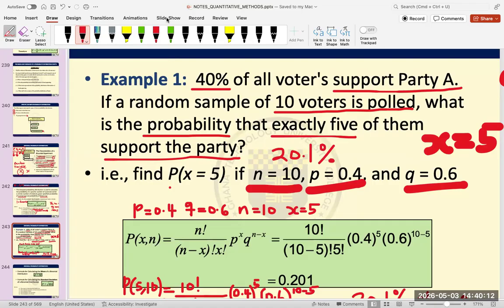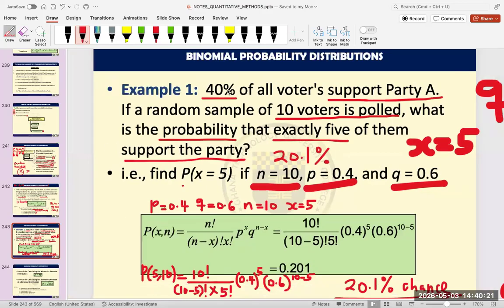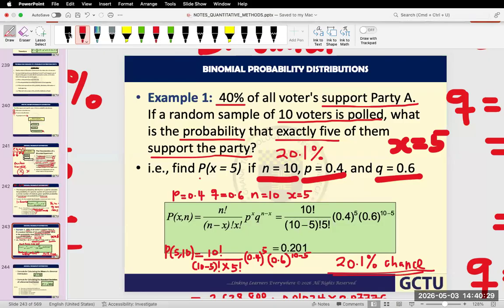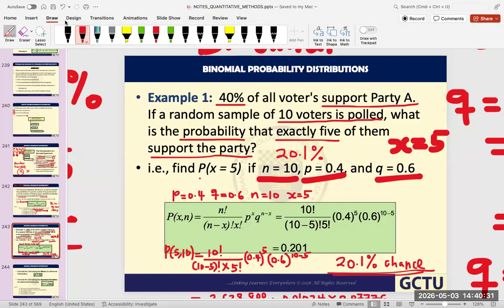That's a small chance. And that is how to use the probability distribution formula. Any question before I move to the next?